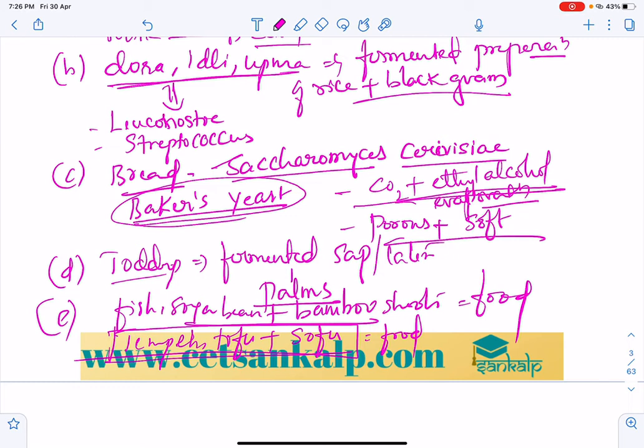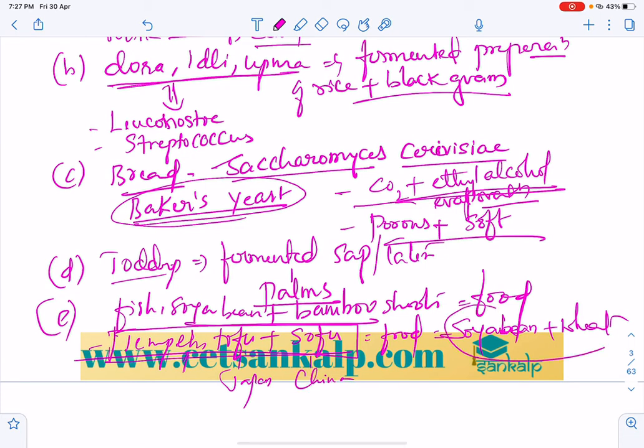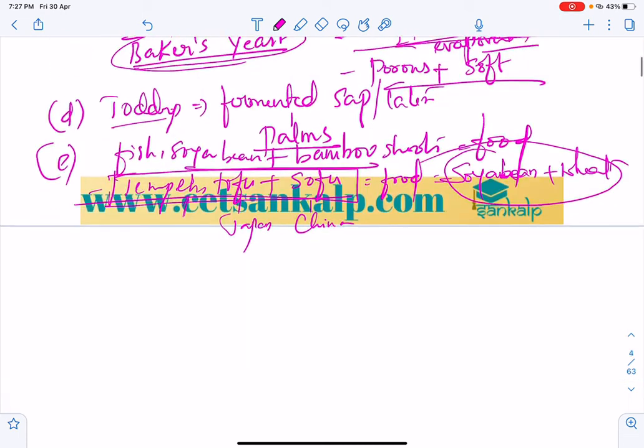These are fermented foods obtained from soybean, along with wheat. Tempeh is generally eaten in Indonesia, tofu in Japan, and sufu in China. These are all products obtained by the fermentation of soybean and wheat.